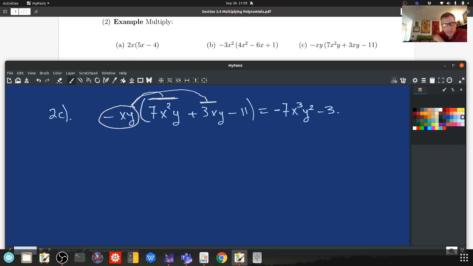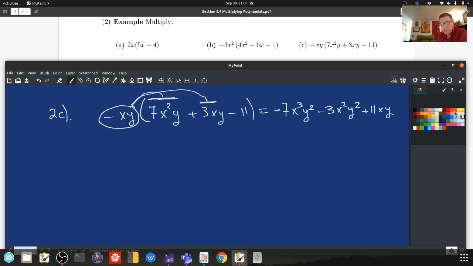X times x is x squared. Y times y is y squared. Minus 1 times minus 11 is plus 11 xy. This is the same as minus 11 times minus xy, so it's plus 11xy.